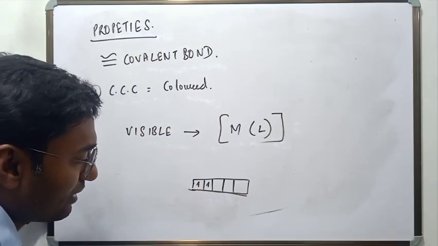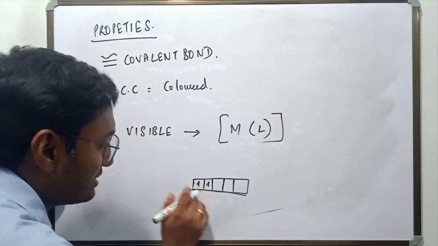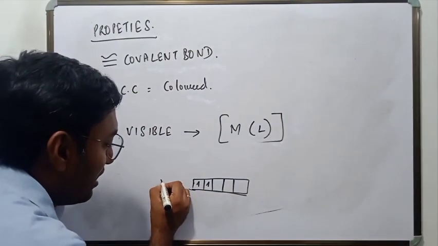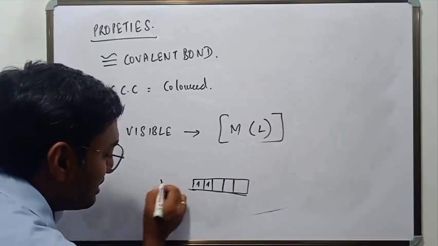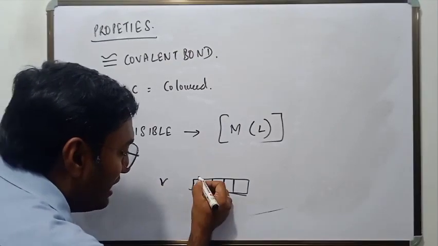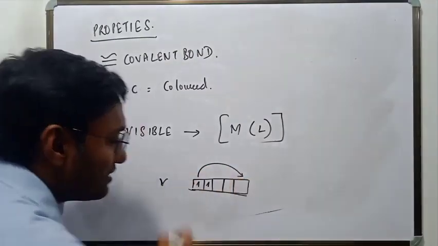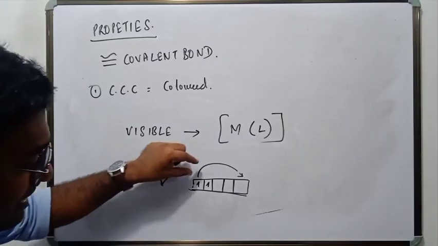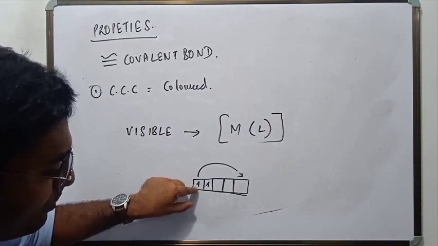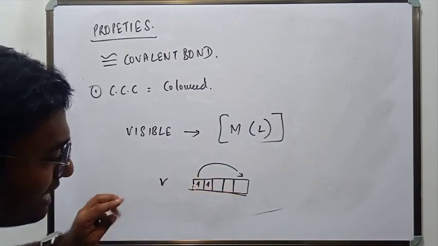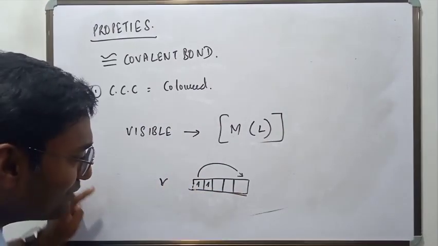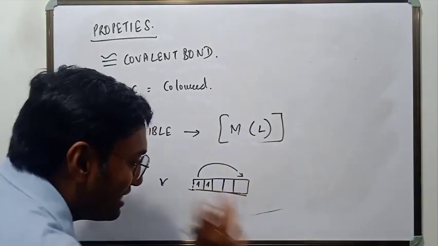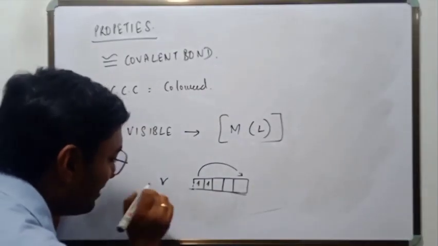So when visible light passes, it absorbs radiation at a certain lambda, and the electron jumps to a higher orbital. The energy needed to jump from the lower orbital to a higher orbital is fixed, so this energy is quantized.